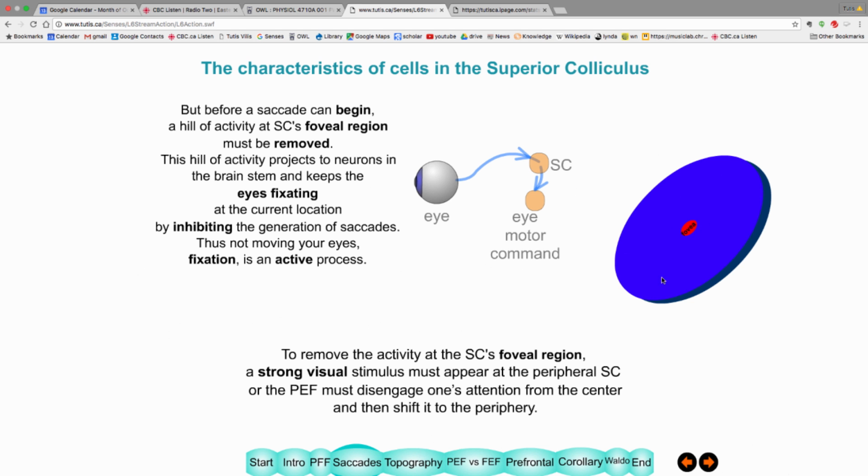And when an object appears in your periphery, its activity has got to first reduce the activity at the fovea before this movement can begin. So you have to suppress activity in your fovea and then elicit a saccade to this peripheral object.